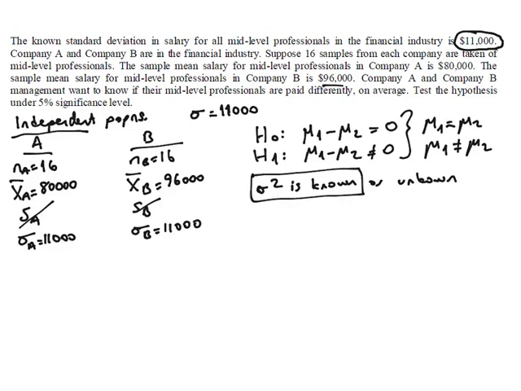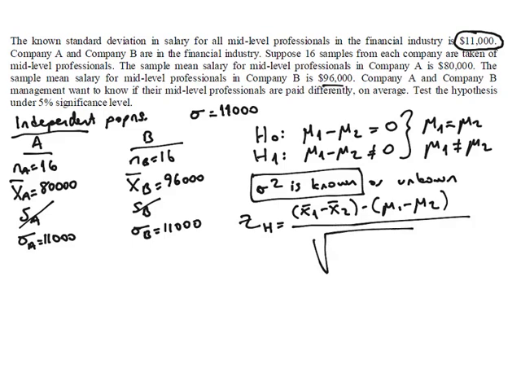Since it is known, we have only one test statistic, which is x1 bar minus x2 bar minus (mu1 minus mu2) over the square root of sigma 1 square over n1 plus sigma 2 square over n2. So this is my test statistic.